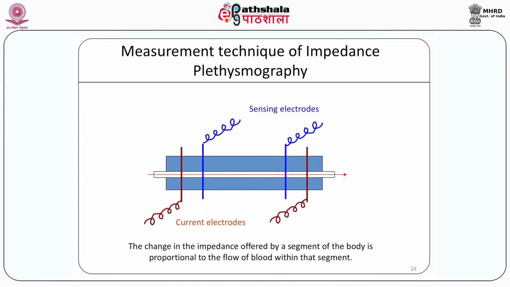Blood is a very good conductor of current and is the only thing which is changing in the area. Thus, the change in the impedance offered by a segment of the body is proportional to the flow of blood within that segment.